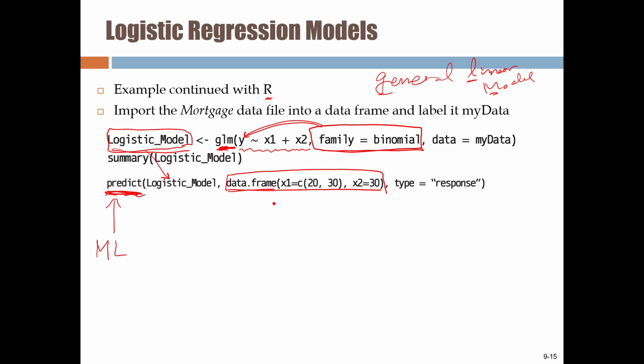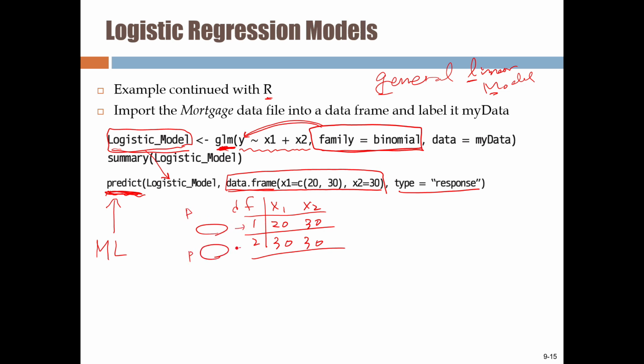This data frame has x1 and x2, right? x1 contains 20 and 30, and x2 is just 30. So you create this kind of data frame and put it in. We tell it this is x1, x2, and this is x1, x2, and type is response. Then you will get either the probability of the first case or the probability of the second case as the output of this predict function.